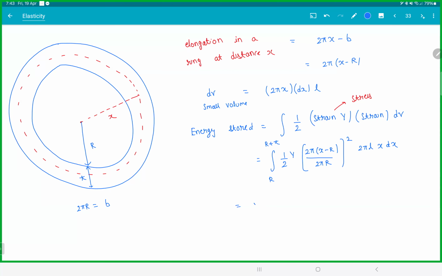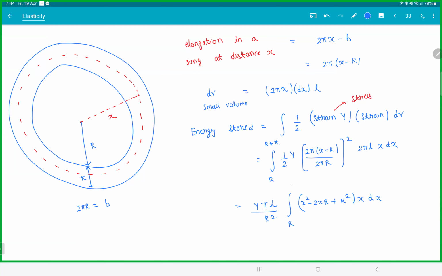So it would be Y pi L. 2 pi cancelled, one r also comes outside, r square, (x minus r) whole square, so that is x square minus 2xr plus r square, times x dx.